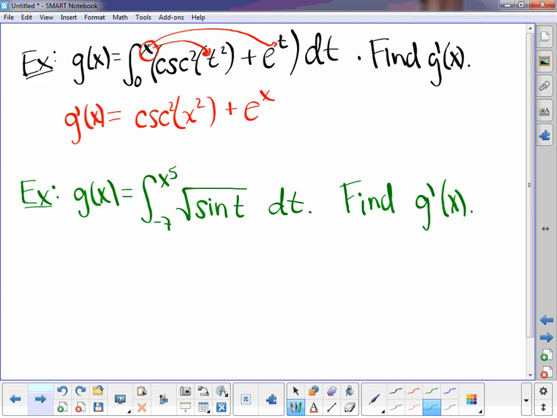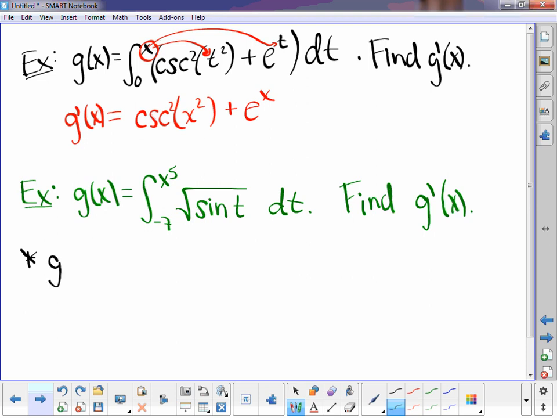Okay, so bear with me. Let's go ahead and write out a variation of our fundamental theorem of calculus, part 1. We'll just write in a side note here.